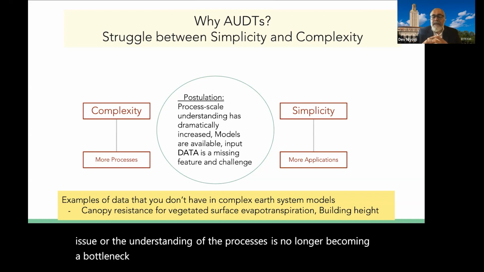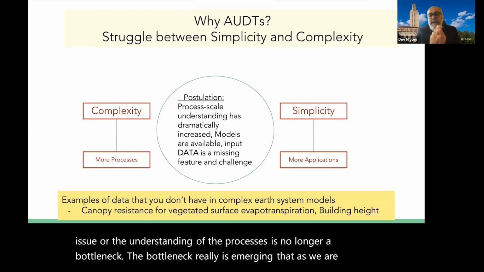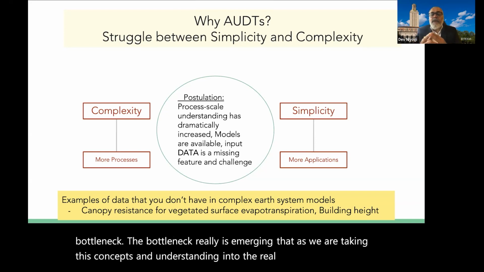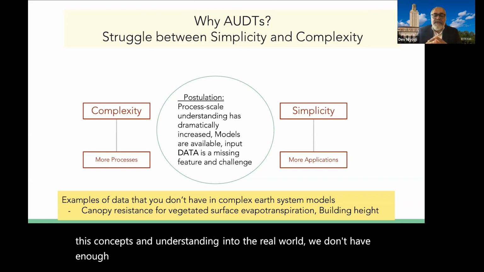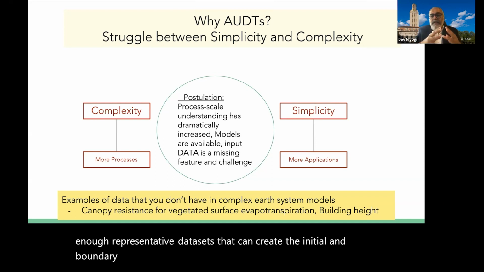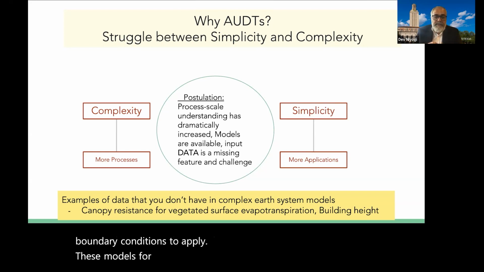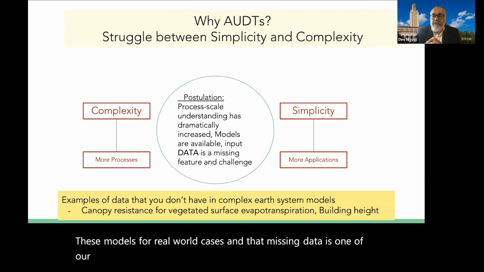The bottleneck really is emerging that as we are taking these concepts and understanding into the real world, we don't have enough representative data sets that can create the initial and boundary conditions to apply these models for real world cases. And that missing data is one of our big challenges and a feature of what I'll be talking about.